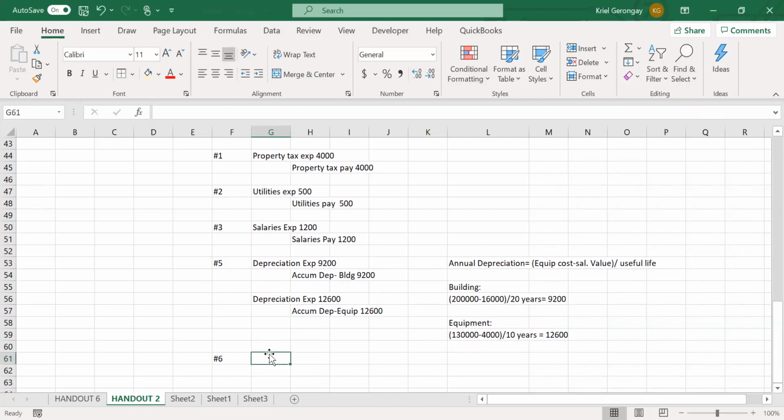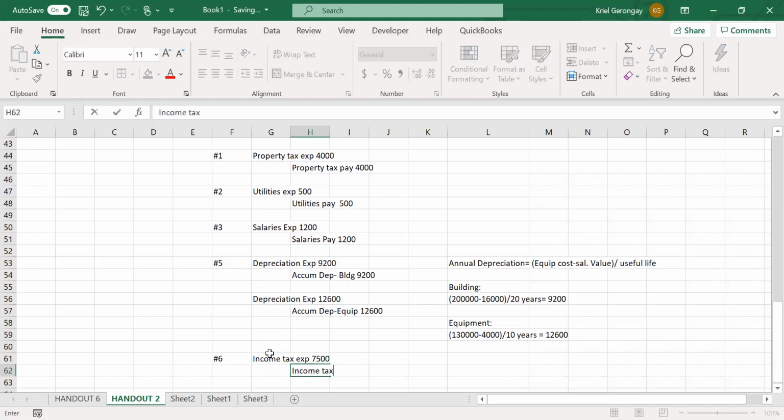So for number 6, it's income tax expense, which is 7,500. And since we haven't paid this income tax yet, we're going to record this as a payable, income tax payable, which is 7,500.